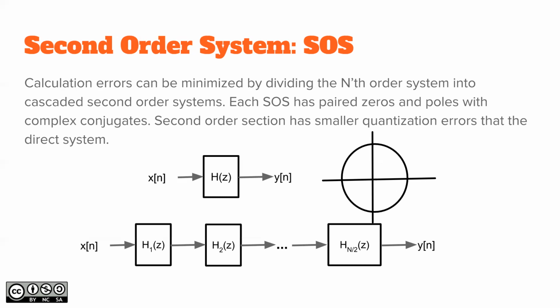Zeros are usually on the unit circle, for example here, here, and complex conjugate pairs, that one, and maybe then I would have poles somewhere on the passband here, pairs of zeros and pairs of poles, like that.